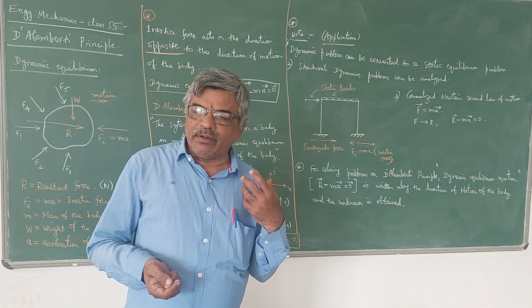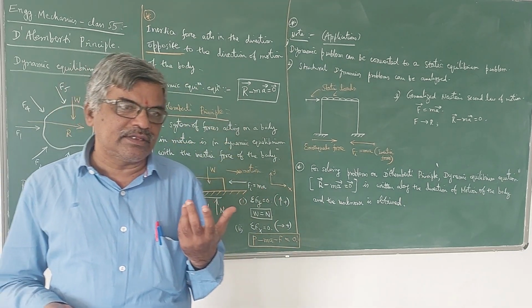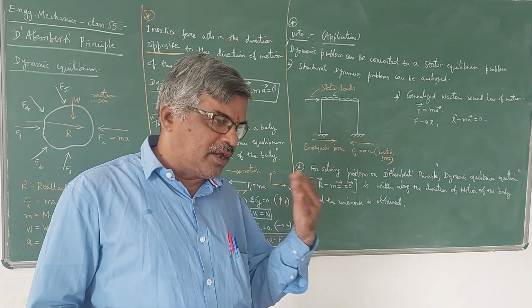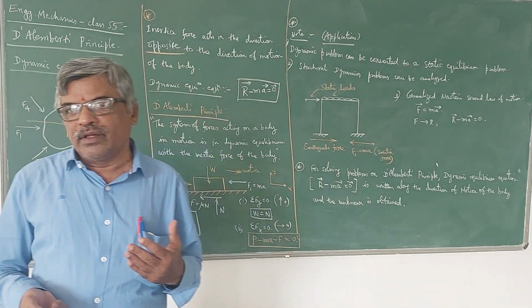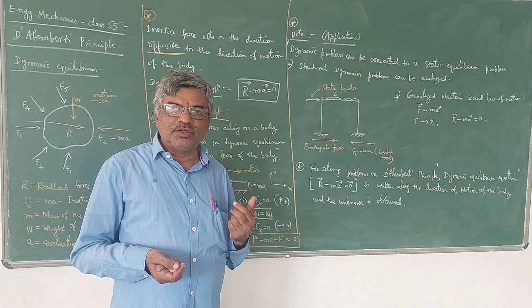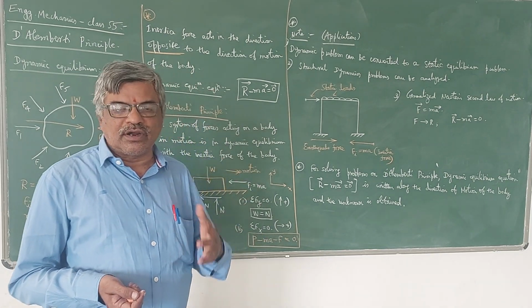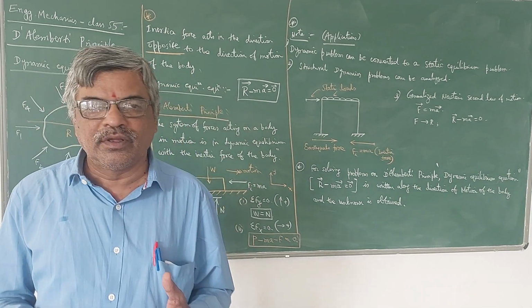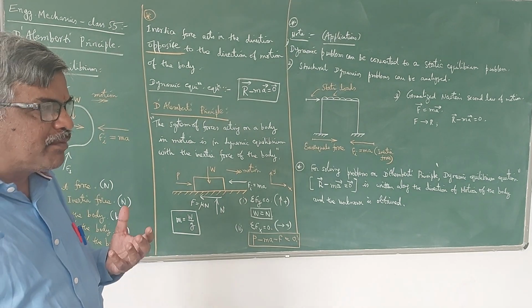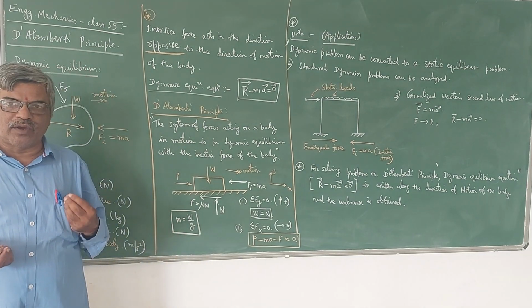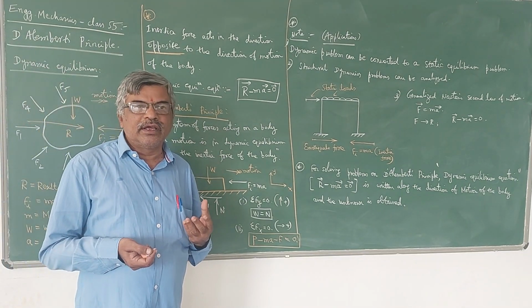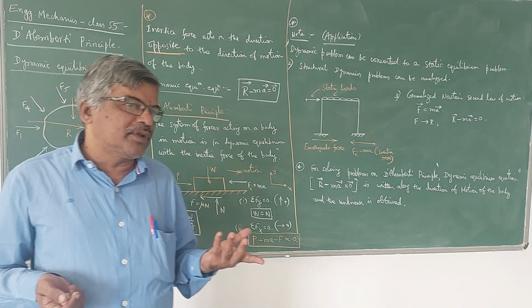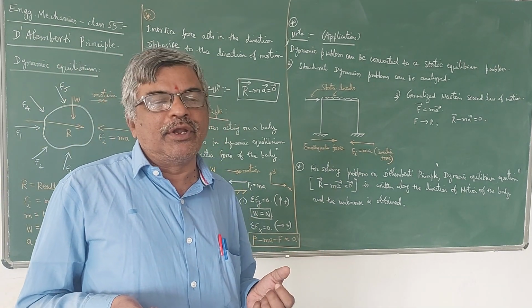In the case of dynamic equilibrium, the difference is that whenever a body is moving, there will be a force which opposes the motion, called the inertia force. Inertia force depends on the mass of the body and also the acceleration of the body. According to Newton's second law, F is equal to m into a.